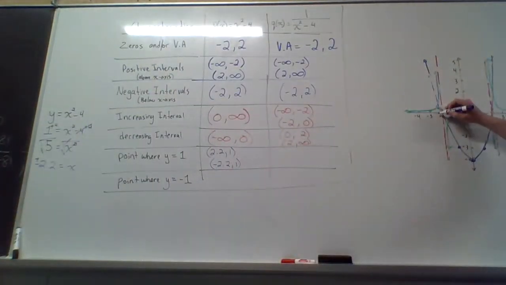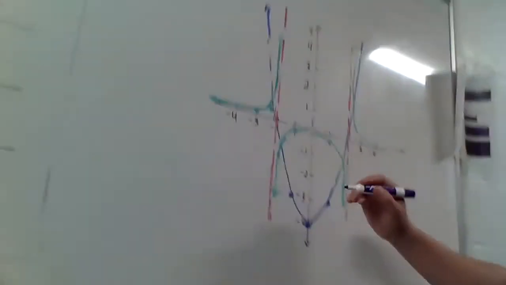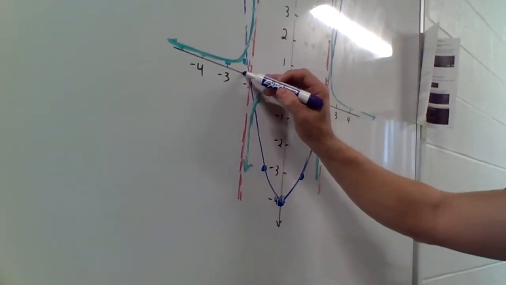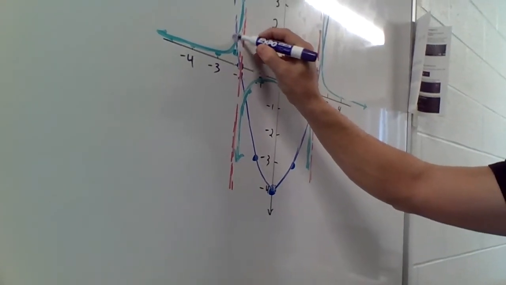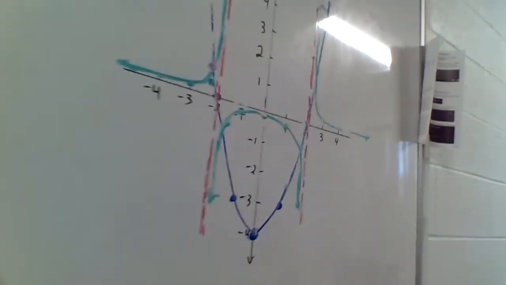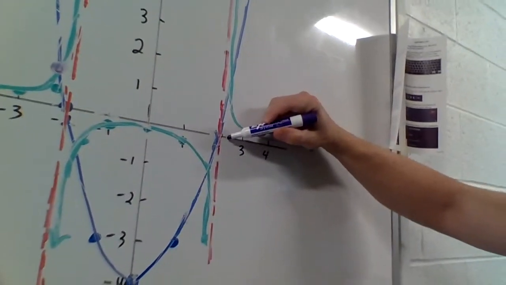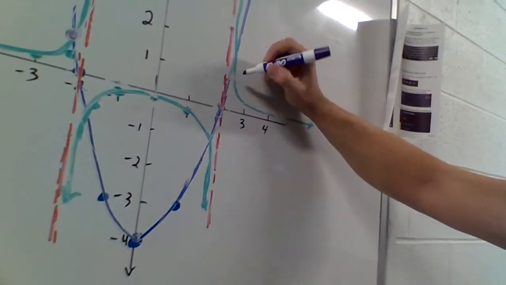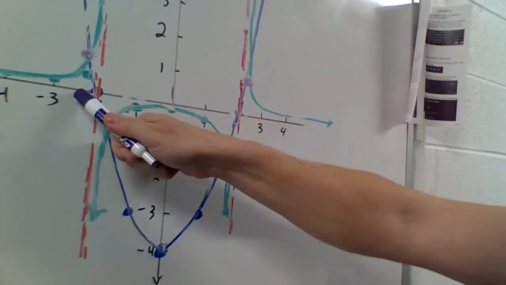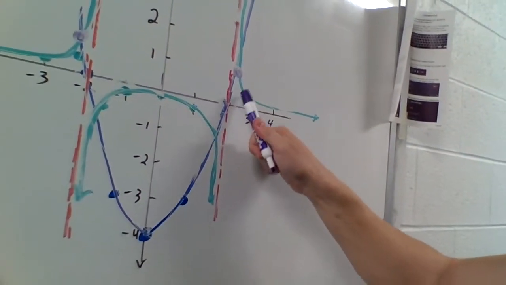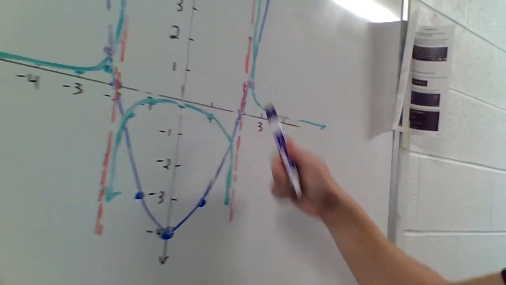At negative 2.2 and positive 1, that's where the two graphs intersect each other. And positive 2.2 and 1, they intersect here as well. So negative 2.2 and 1 and positive 2.2 and 1 are where the graphs intersect.